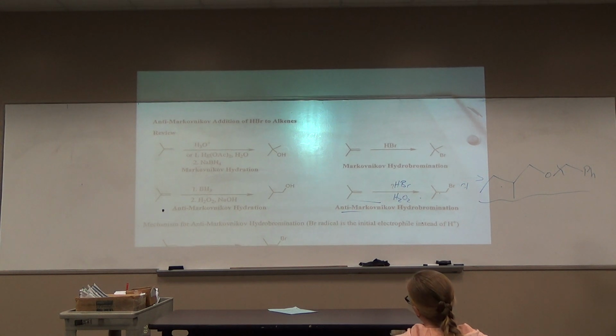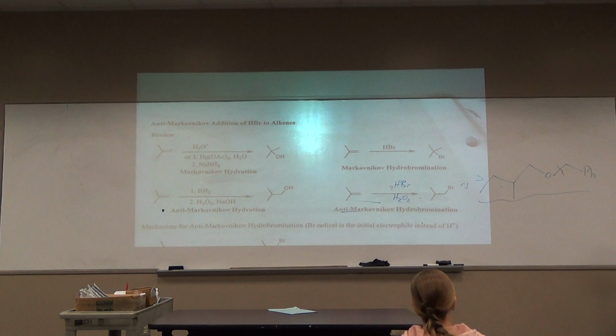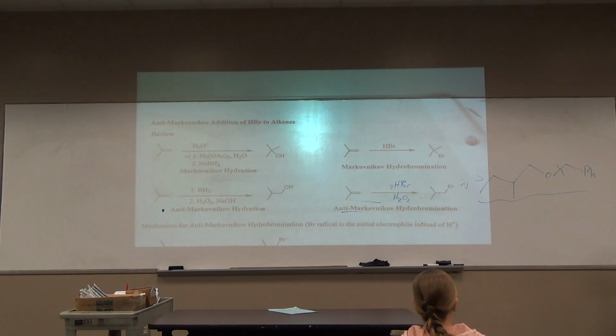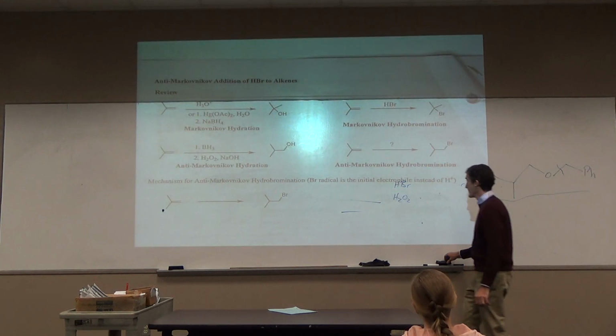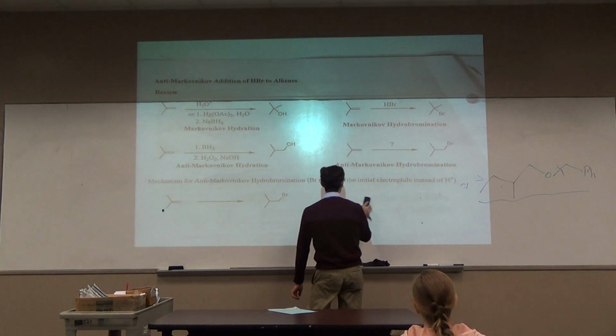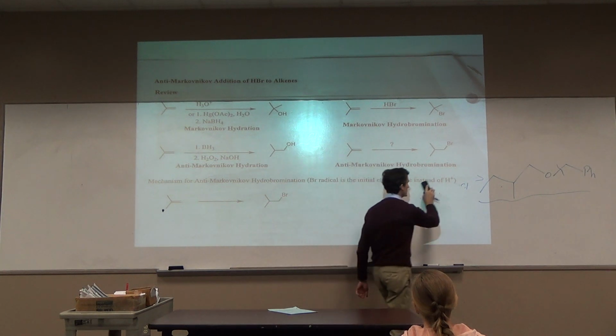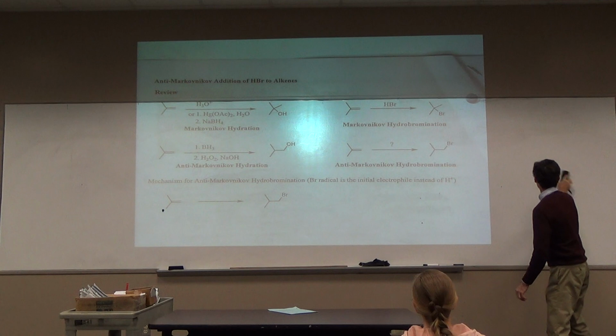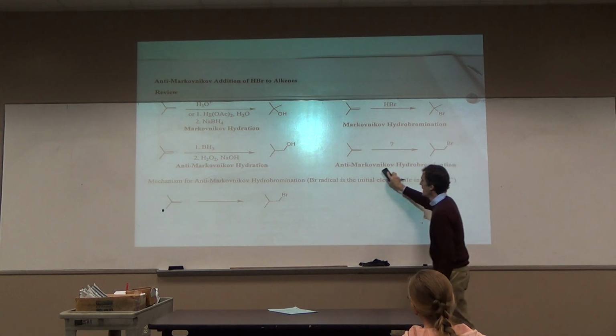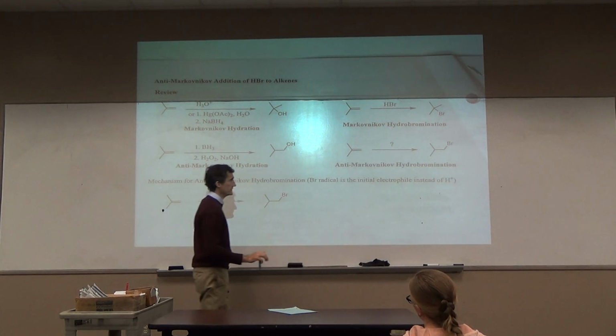All right. Is that good enough for you, or you want to see the mechanism? Good. You should always want to see mechanism because chemistry is not magic. Well, what do you think the peroxide does?